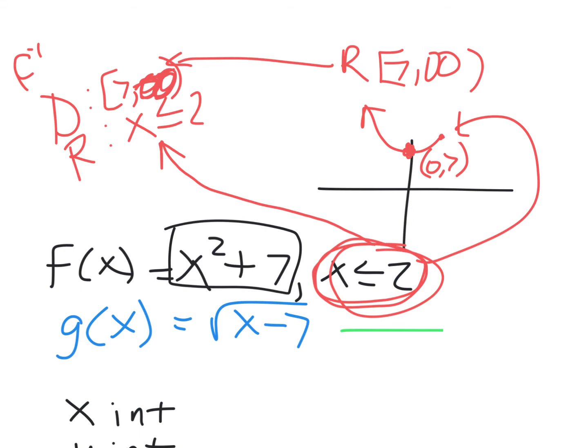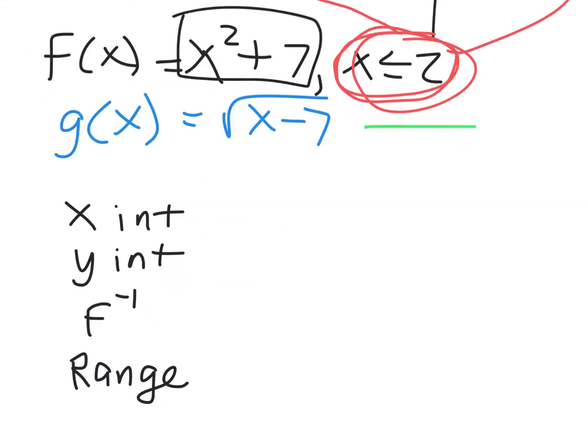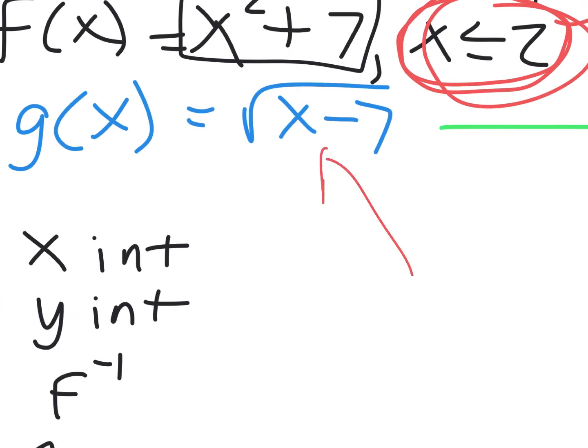All right, and you can't trust this. When you find an inverse and you look at it, you'll think it's one thing. Don't let that mislead you. Always take the original function and its domain and range and flip them around. That's the way you get the answer. So even if you were to find the inverse of this, and it has x squared plus 7, because it does, I'll save you some time.